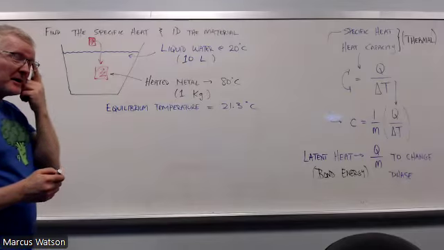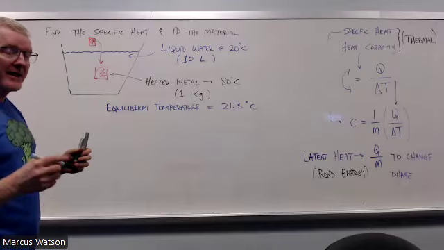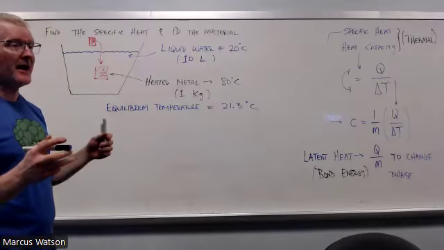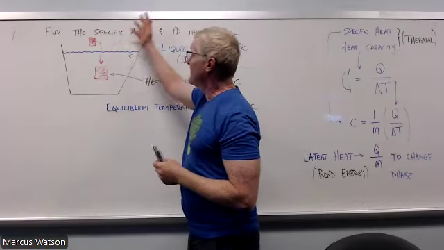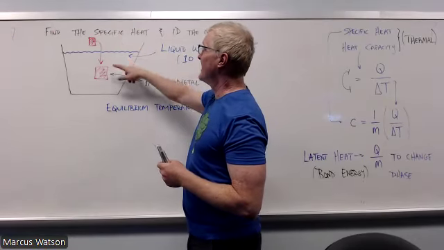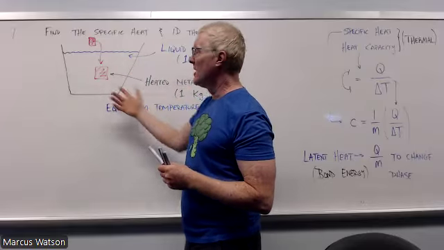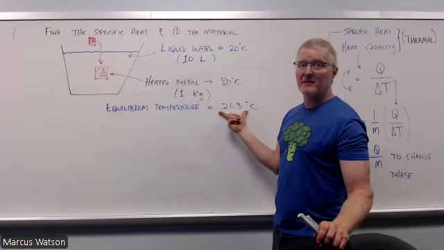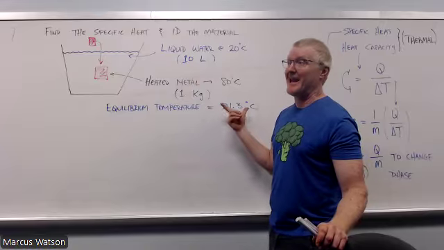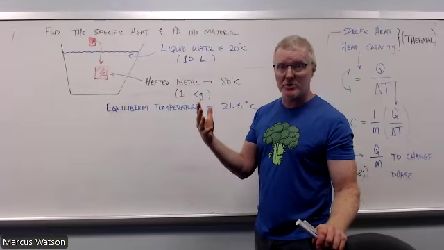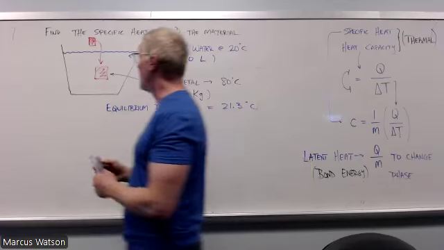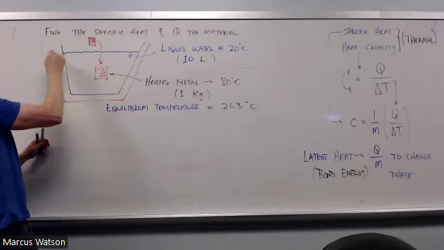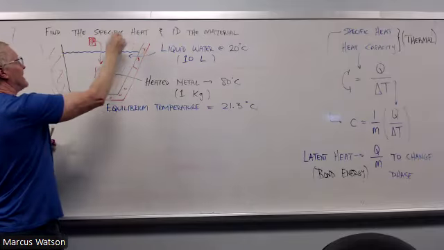I'm also going to make the simplifying assumption that they exchanged heat with only each other, and that I'm going to ignore any possible evaporation of the liquid. I'm going to ignore any heat coming out from the sides of the container. I mean, ultimately, if I'm in a room that's about 20 centigrade, well, this is not going to provide a very big impetus for heat transfer anyway. But nonetheless, in order to simplify this problem so we don't have to think more about other ways that heat could leave, I'm going to put an insulator around this thing, and I'm going to put a lid on the top of it, right?